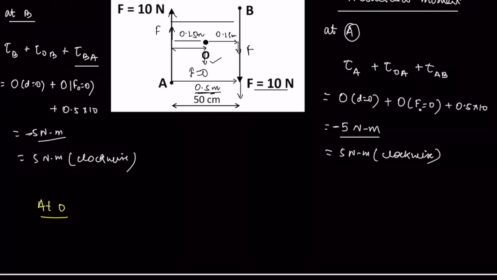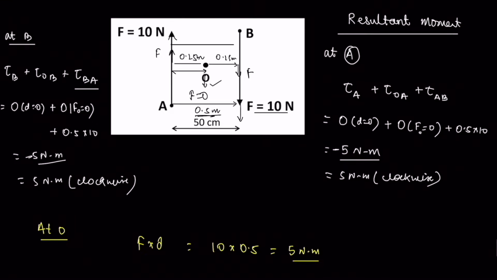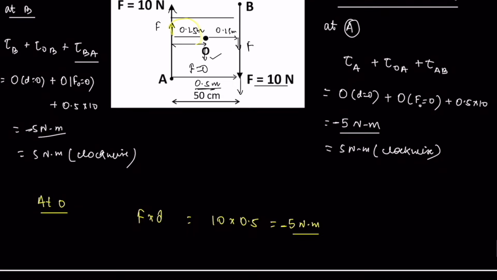So at O, the total resultant is F into D. This is the couple formula. So 10 into 0.5, it is 5 Newton meter. And the direction is, because it is going in the upward direction, it is a minus, or 5 Newton meter clockwise. Now we'll see the next question.